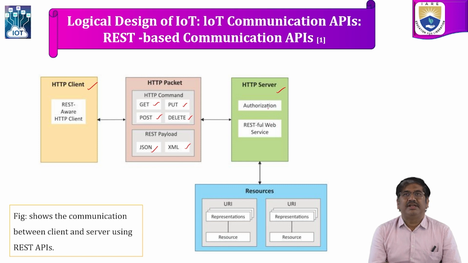Then the data will be sent to the server. The server will check for authorization as well as web services. The server will then get the required data from the resources, where URIs hold the representations and resources.